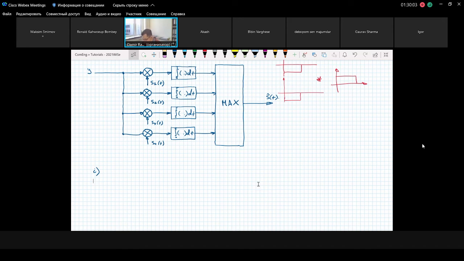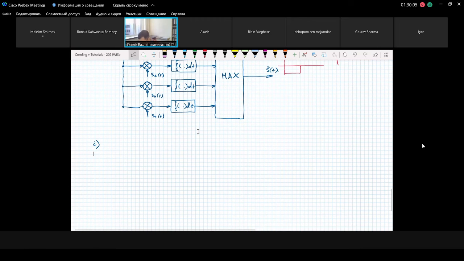So instead of calculating correlation for all possible signals, we calculate correlations only for 2 basis functions. We calculate the correlation between the input signal and the first basis function, and the correlation between our input signal and the second basis function. So you see that instead of 4 correlators, now we need only 2 correlators.